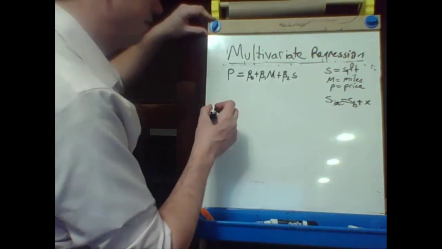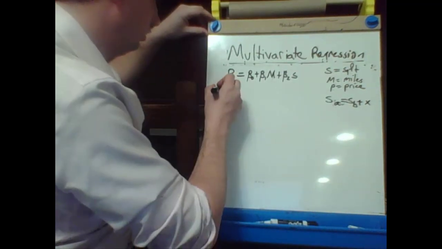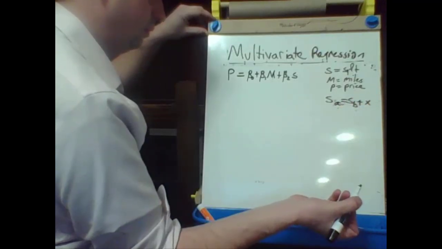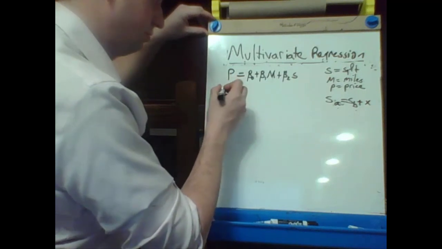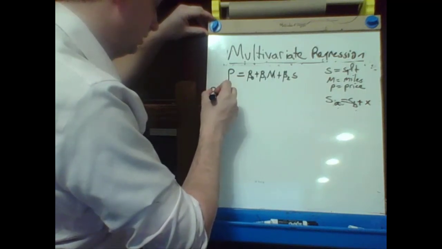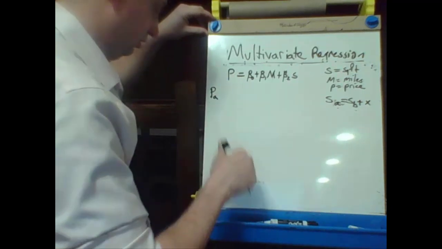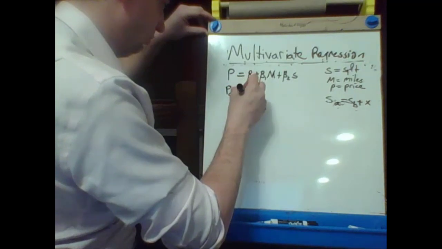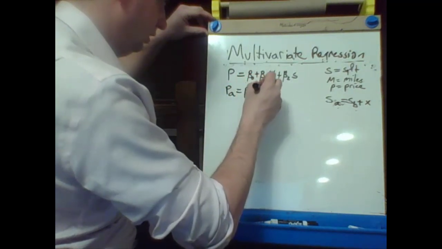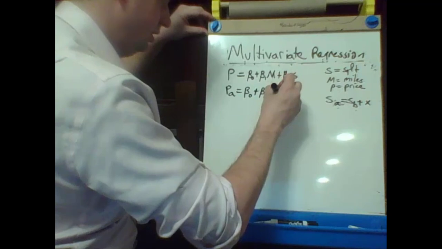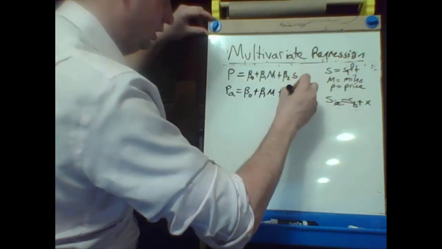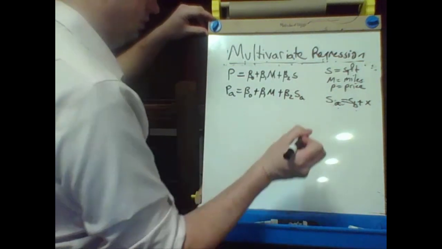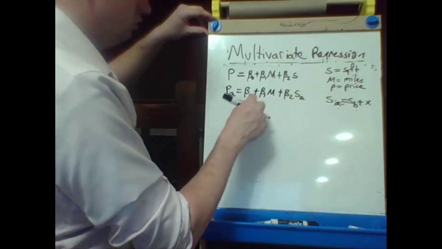So if we want to know how much the price changes, we're going to use A as after and B as before. So the price will change for a value of P, let me put it this way. PA equals beta 0 plus beta 1 M plus beta 2 SA, the square foot after. The miles hasn't changed, the beta value hasn't changed.